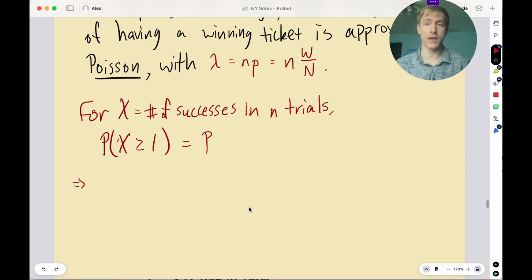But a trick that you're commonly going to use is to take the complement instead. So this is going to be 1 minus the probability of the opposite of getting at least 1 success, which is getting strictly less than 1 success. The only time you can get less than 1 success is to get exactly 0 successes. And that's going to equal capital P.